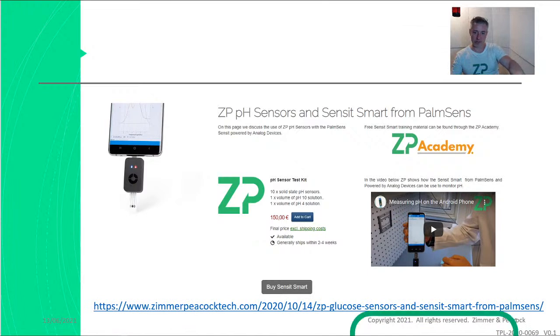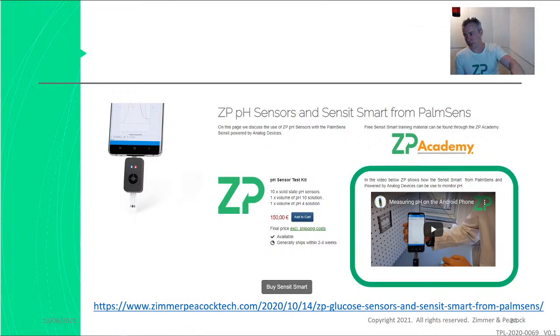We have a video about that on the website, and I'll send the link as well. So the chloride electrode is an ion selective electrode. It's just like the nitrate sensor. You have to measure the voltage between 2 electrodes. You can use the Anapot potentiostat, or you can use the Senseit Smart potentiostat. And if you're using the Anapot, then you're going to have to use that connector that I showed.